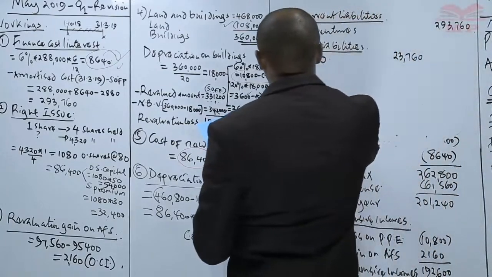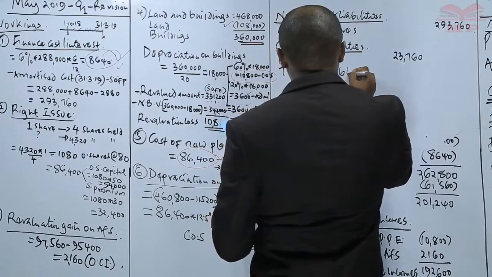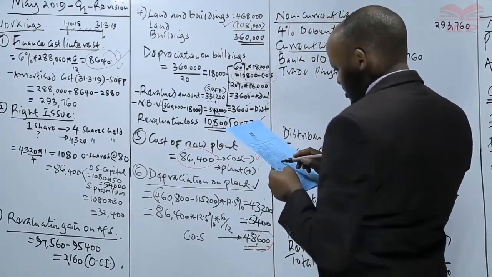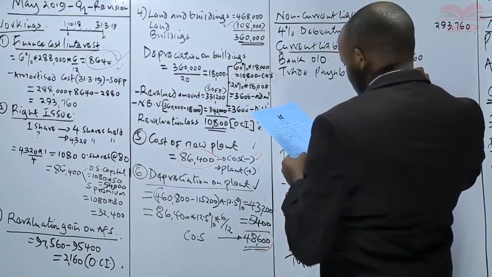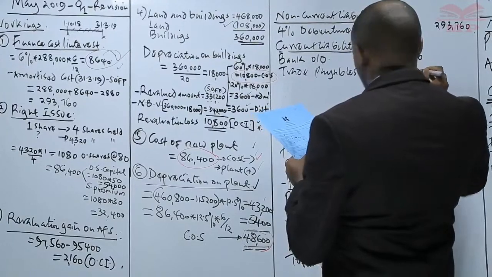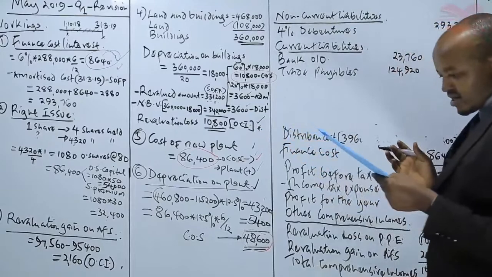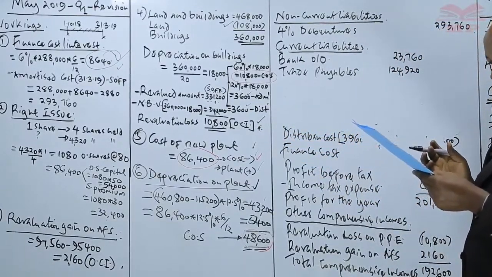And then above that we have trade payables. Now the trade payables in our case is an amount of 124,920. And then we have debentures, that is non-current liability. We have retained earnings, ordinary share capital.